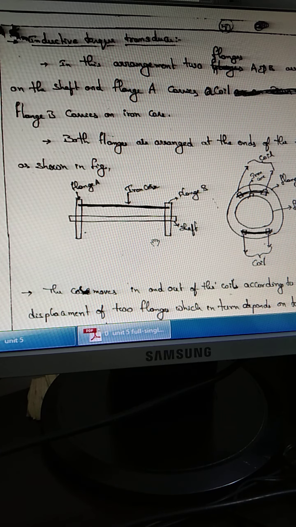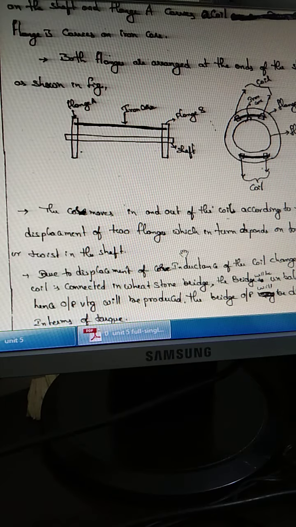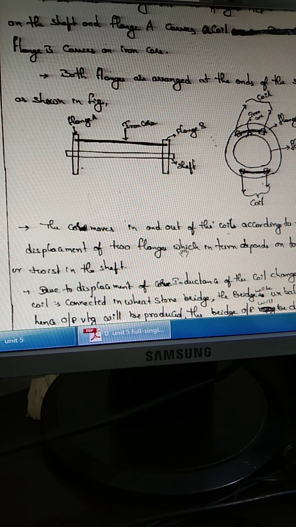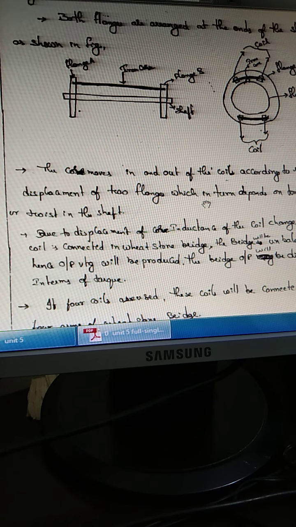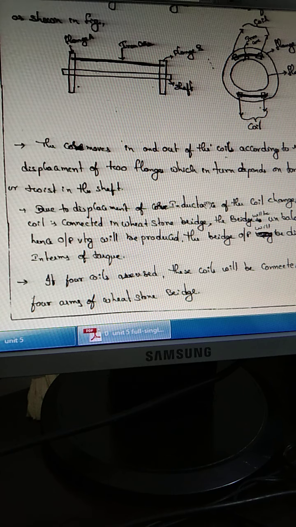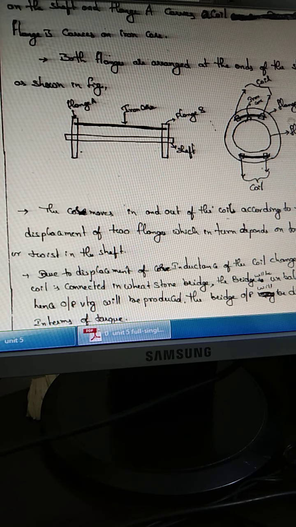Now, if no torque is applied, and remember, this coil is connected in a bridge. The coil is connected in a Wheatstone bridge.